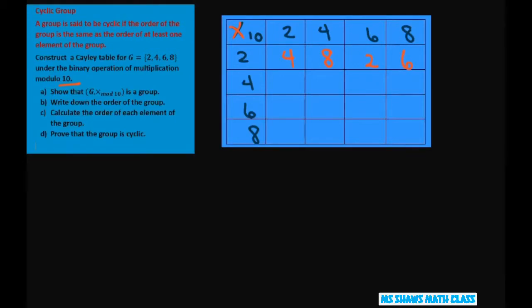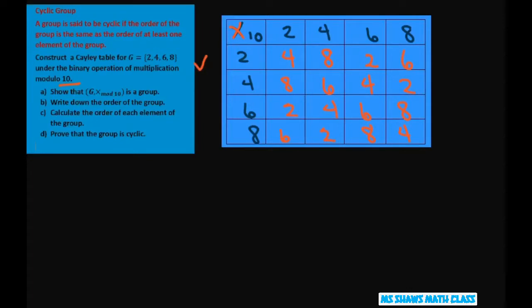So we get 8, 6, 4, 2. These are just going to repeat. 2, 4, 6, 8. And then the last one is 6, 2, 8, and 4. So that's our Cayley table.